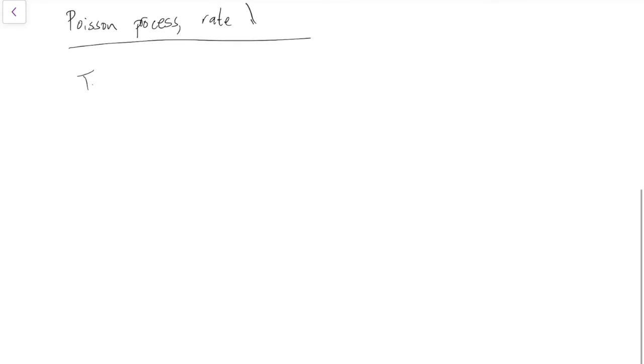Finally, we could think of our old friend, the Poisson process with rate lambda. So its transition rates are, well, as with all counting processes, the only jump we could have in the Poisson process was going up by 1.